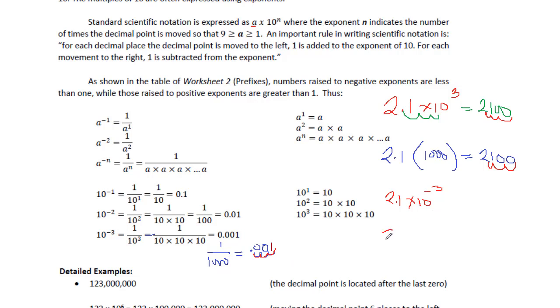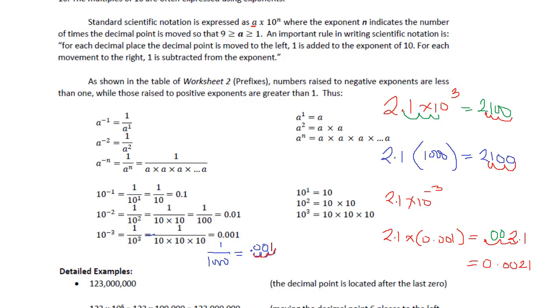So in this case, it will be 2.1 times 0.001. When we do this, we also move the decimal 3 steps to the left. Instead of 2.1, I'll put some zeros here, and we move the decimal 1, 2, 3. So 2.1 is equivalent to 0.0021.